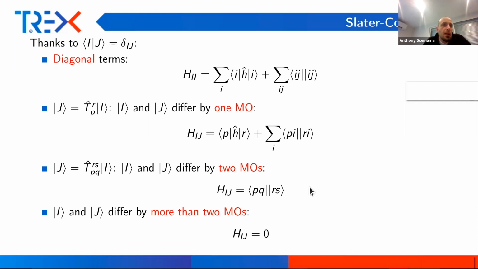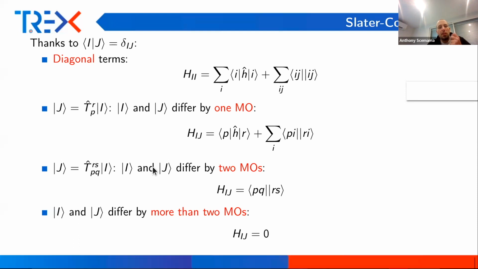So with Slater-Condon rules, you see that the diagonal terms are expressed like this. Singly excited determinants have also a simple formula. Doubly excited determinants also, and then if you have two determinants which differ by more than two molecular orbitals, then the H_ij is 0. Okay, so basically when you compare two determinants, if they differ by more than two MOs, it's 0.